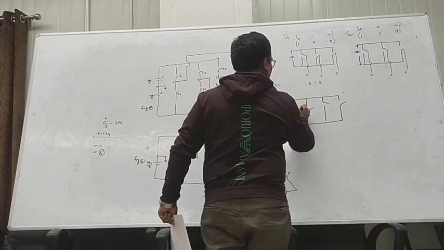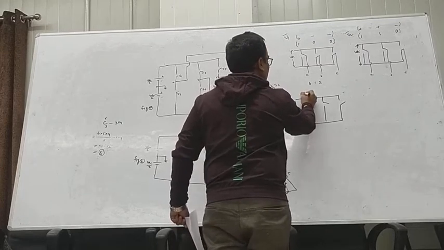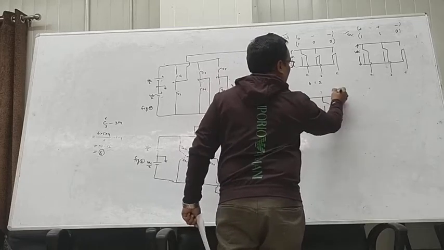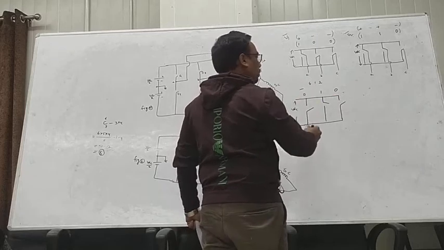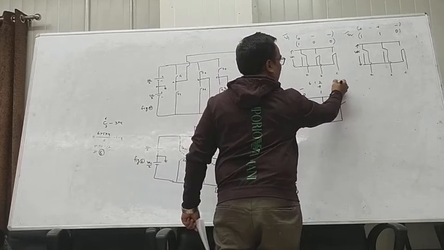So the bottom switch is connected, 0, the top switch is connected, 1, and the bottom switch is connected, 0. When the bottom switch is connected it is minus, and when the top switch is connected it is plus.